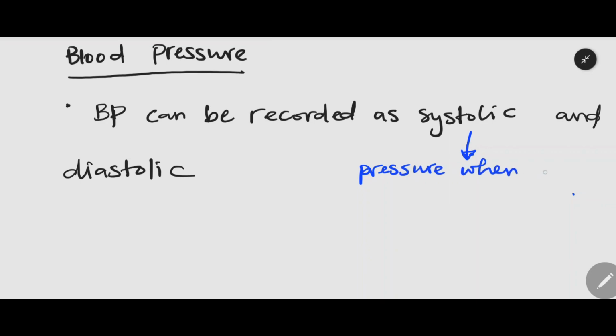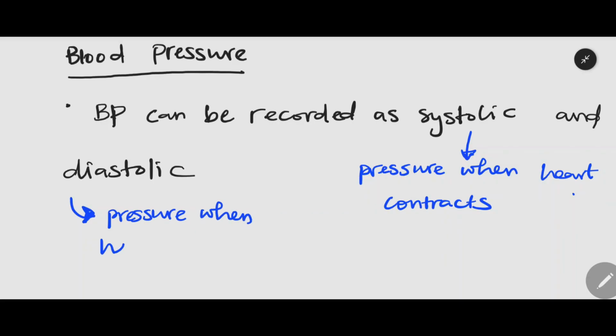So when we talk about systolic, that simply means the pressure when the heart contracts. That's all it means. And diastolic, if you can guess, that is the pressure when the heart relaxes. So if you remember back in unit 1, we talked about the cardiac cycle, the conduction of the heart.